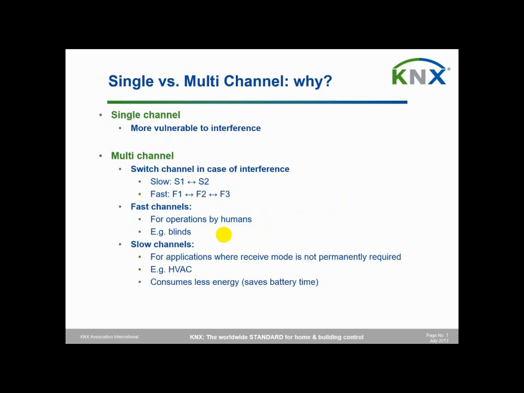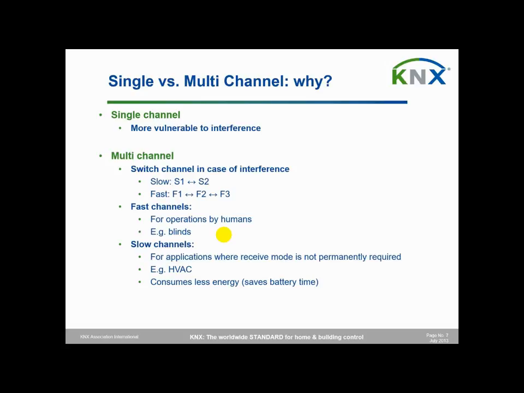When would that be? Well, that's what I try to explain on this slide. A single channel device, because there's only one scan frequency, is more vulnerable to interference. If interference is on this scan frequency F1, then communication will not be very effective.